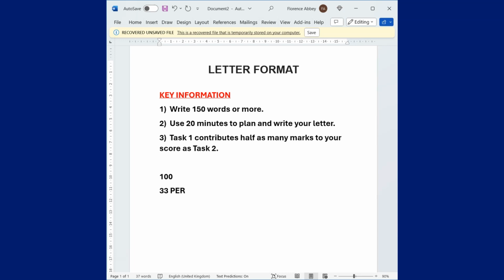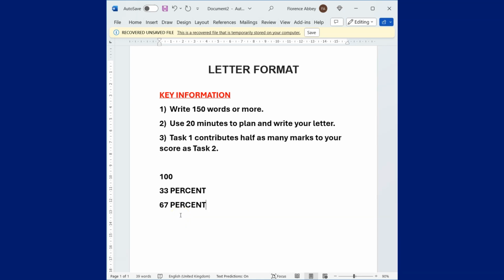Okay, it forms 33% of that total score, and then the Writing Task 2 is marked over 66%, or let me say 67% of the total score. Okay, so the Writing Task 1 will be marked over 33%, while the Writing Task 2 will be marked over 67% approximately.